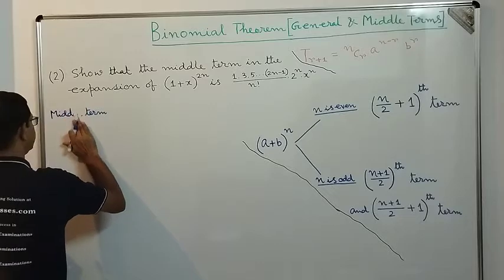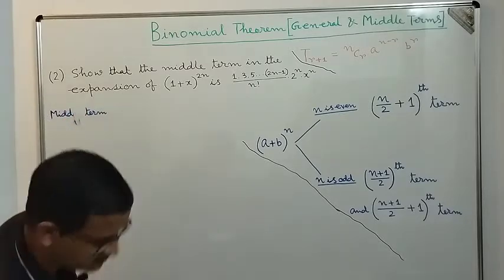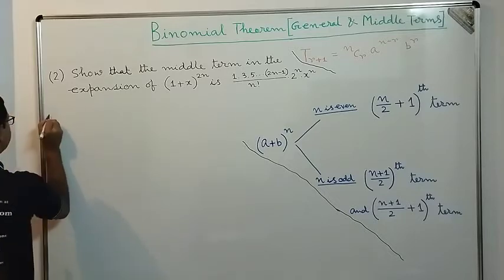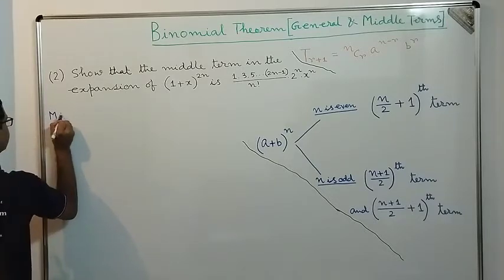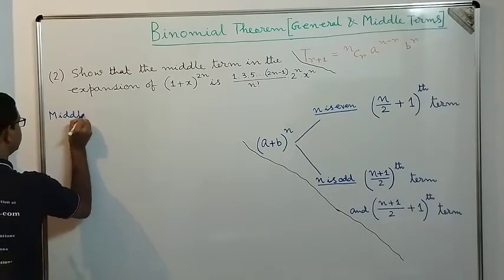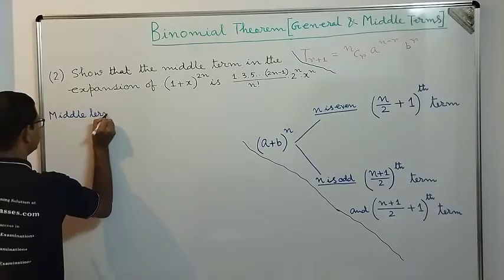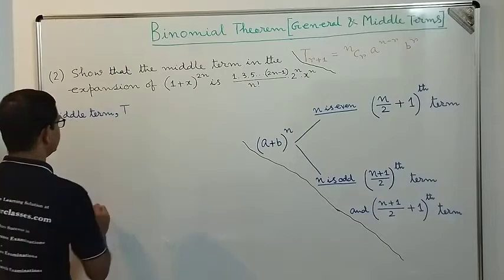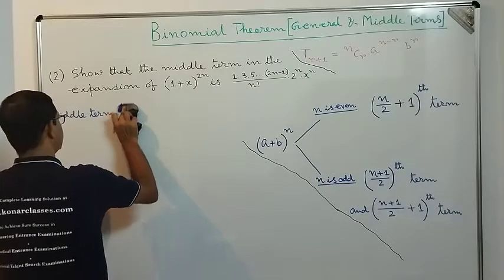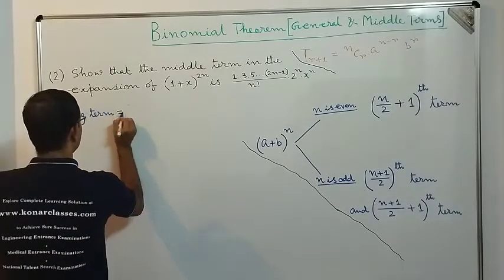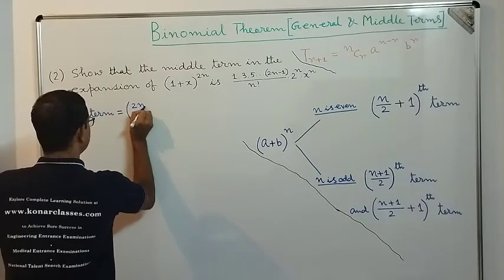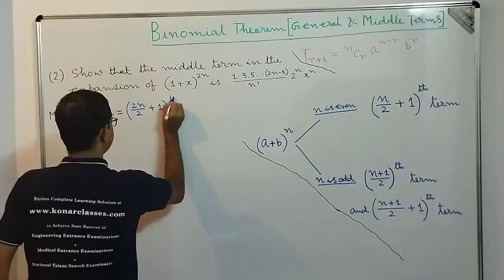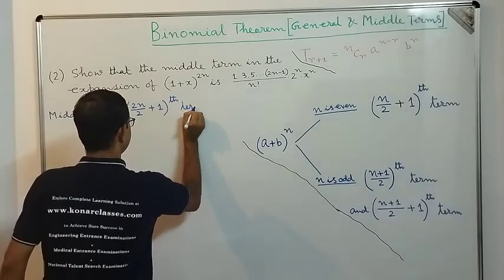So let me write it properly, just a minute. Middle term is equal to, we can write, the 2n by 2 plus 1th term. Correct?